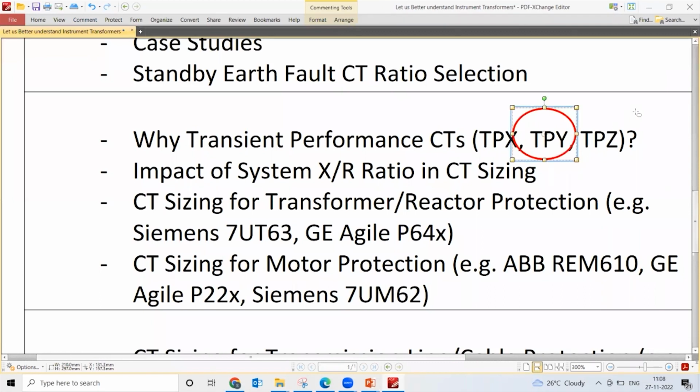If you have large capacity generators with extremely high X/R ratios, for their differential protection you need TPZ CTs, which means the DC component plays a crucial role with respect to CT saturation.